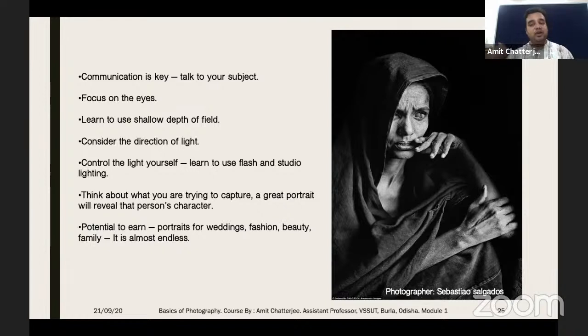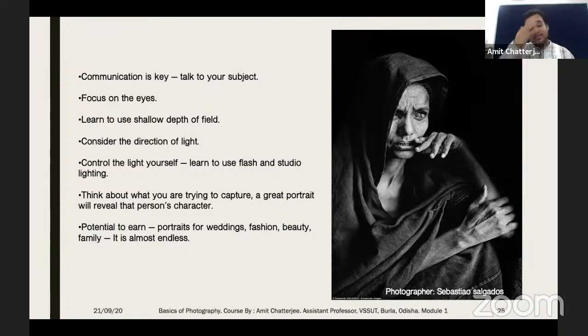If the light is from the right, or from the left, it will give you different characteristics of the person. So you need to understand how to utilize your light properly. Sometimes people use artificial studio settings to get some kind of lighting, but generally if you are out in the street and you want to take portrait photographs, you need to understand how to utilize your light properly.